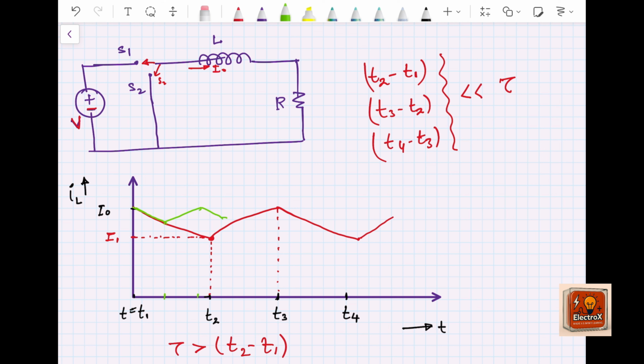So what we are seeing, with this assumption, is that the current ripple, the peak to peak value delta IL, is decreasing.